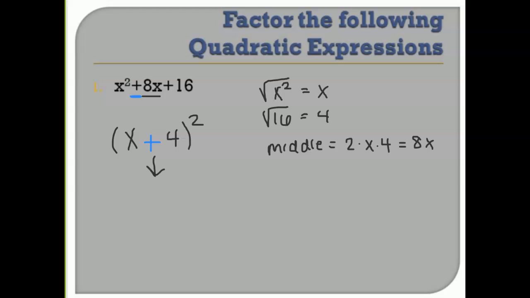Or you could write it as x plus 4, x plus 4. It's a little different than the difference of squares, because in the difference of squares, you had a positive and a negative. For perfect square trinomials, both are either positive or both are negative.